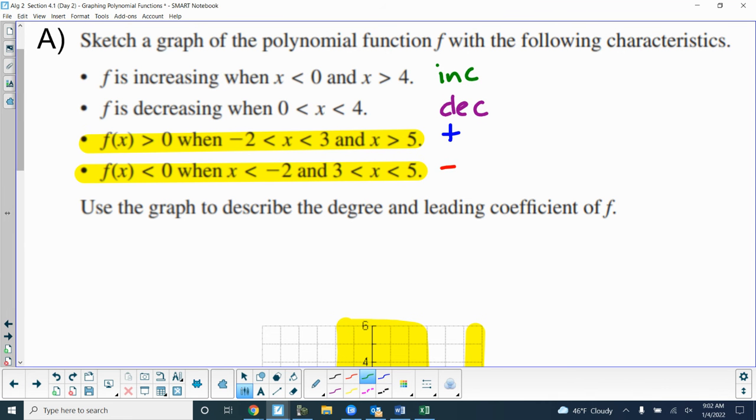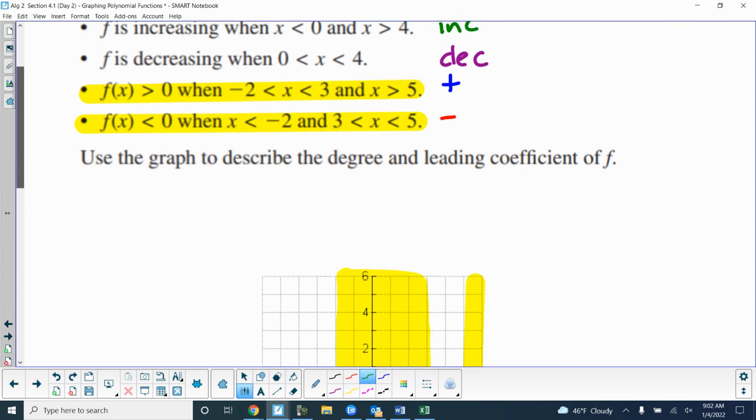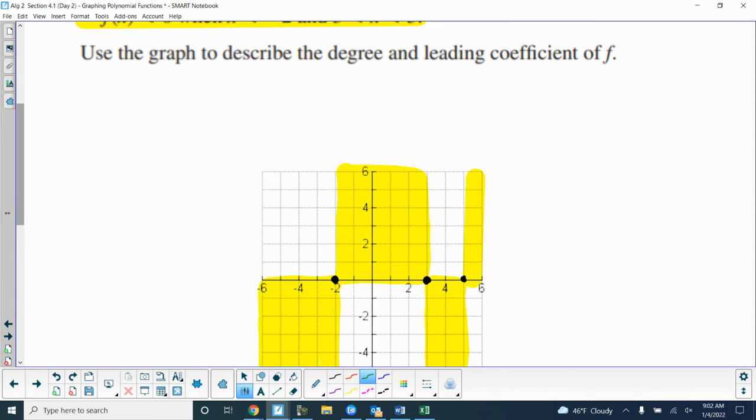I want green, sorry. Right, less than 0 from there, it's going up. So it'll be going in this direction, right?